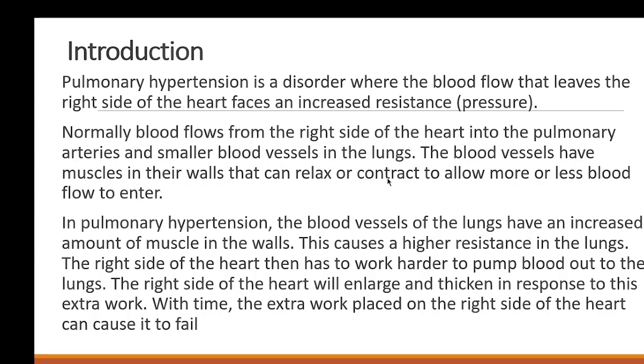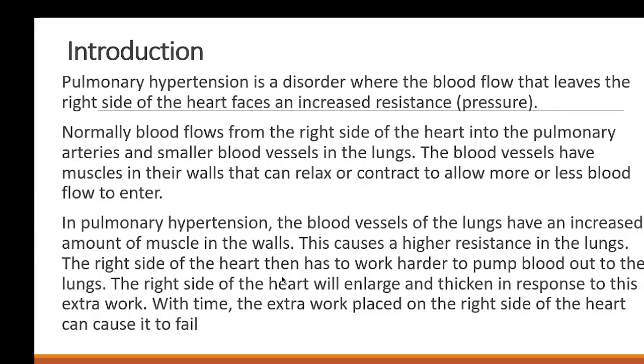In their walls, they can relax or contract to allow more blood flow to enter. But in pulmonary hypertension, the blood vessels of the lungs have an increased amount of muscle in the walls. This causes a higher resistance in the lungs.